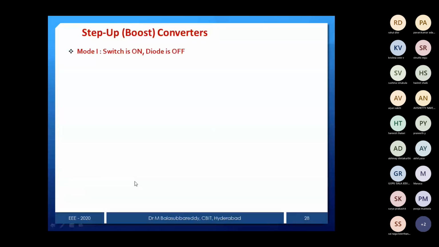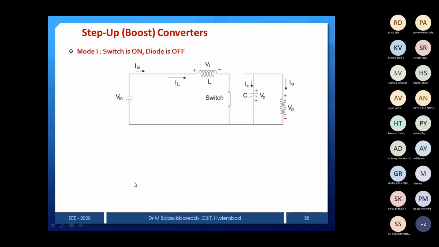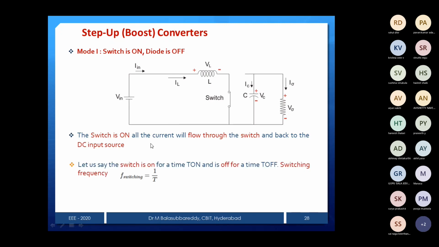Now we can see, when the switch is on, what is the equivalent circuit? Here the inductor is going to store the energy, and for that the switch is on, all the current flows through the switch only, and the switching period I can write as 1 by f. Similarly, you apply KVL to get the mathematical expressions.